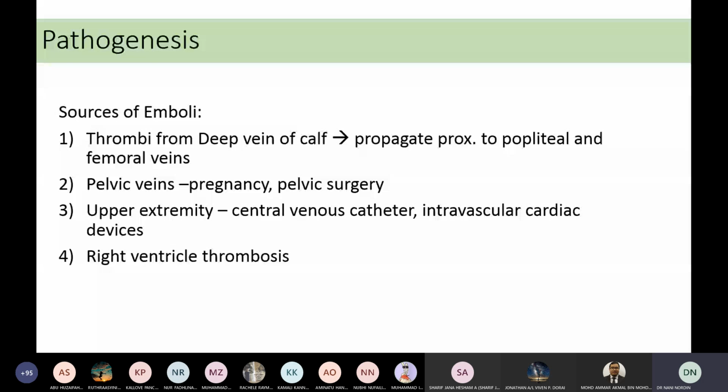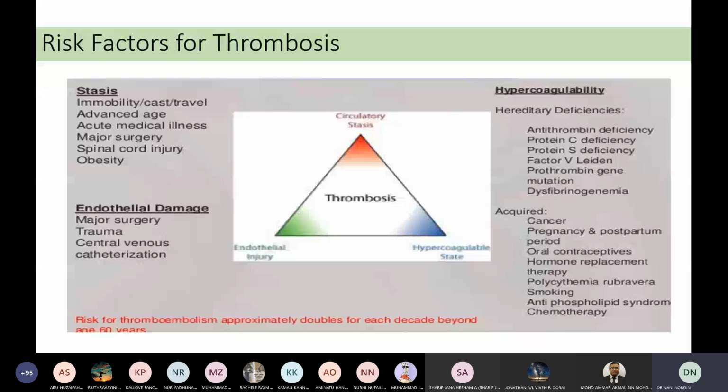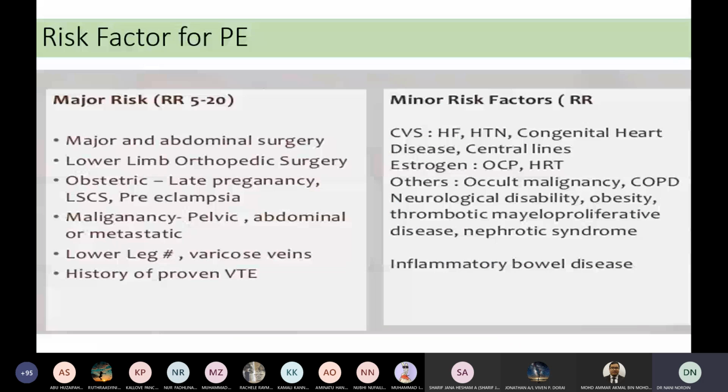These are Virchow's triad. I'm not going to go through this. Okay, so we talk about risk factors. Basically the risk factors for PE are the same as the risk factors for DVT, because most of the time it is from a patient with deep venous thrombosis, right?